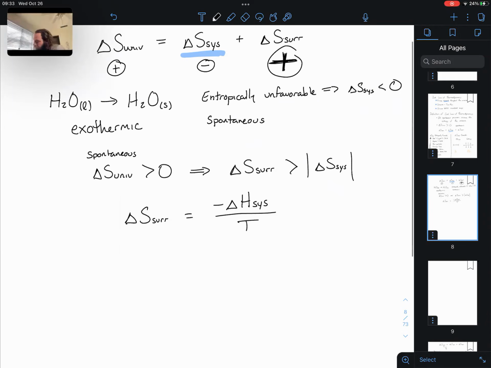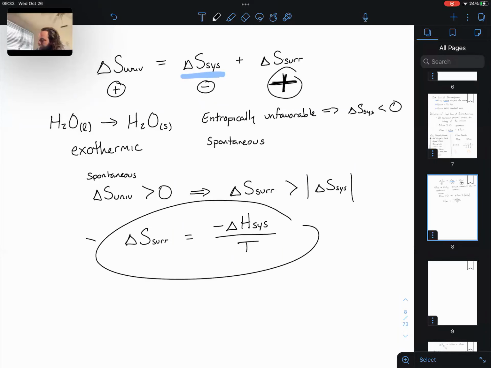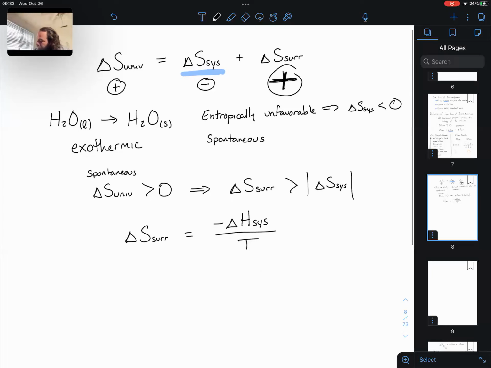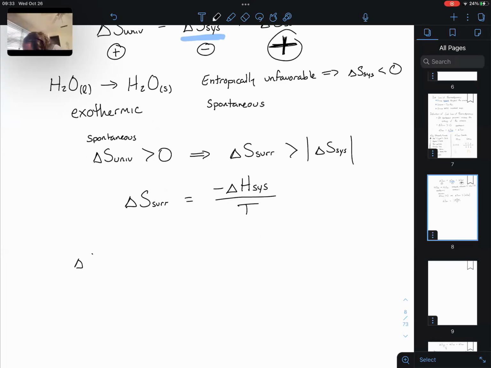All right, so now we're going to take this and plug it back into our equation up here. Now we get that the delta S of the universe is equal to the delta S of the system minus the delta H of the system divided by temperature.